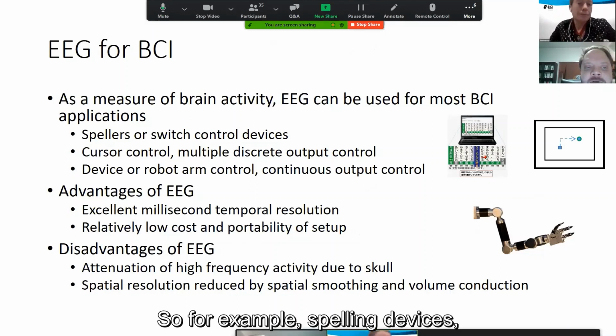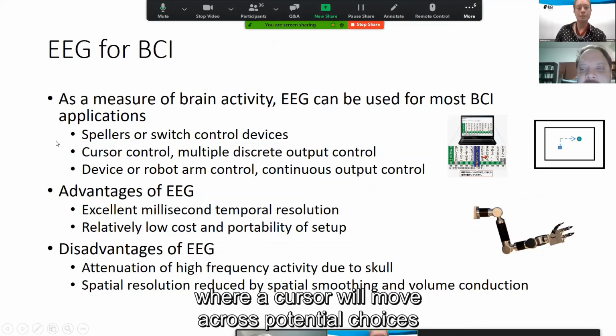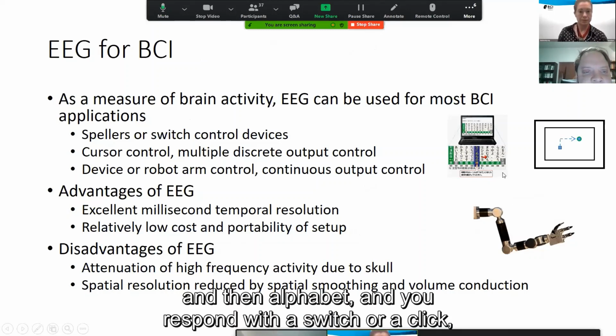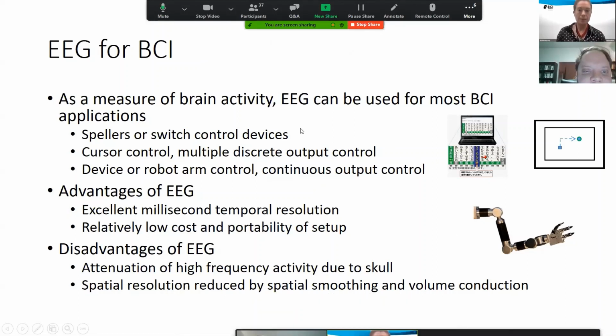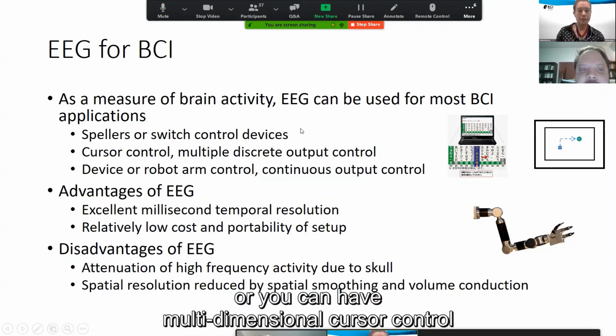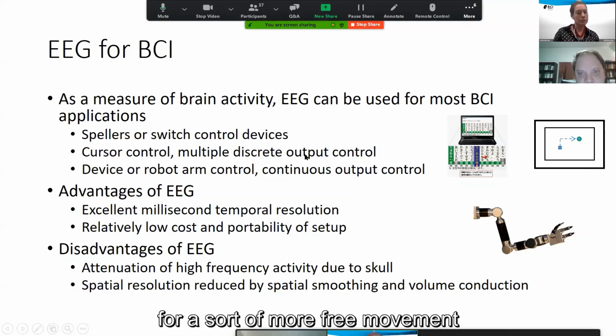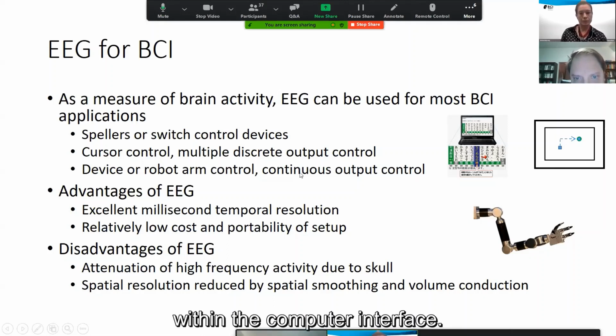So, for example, spelling devices where a sort of cursor will move across potential choices in an alphabet, and you respond with a switch or a click, or you can have multi-dimensional cursor control for more free movement in a computer interface.